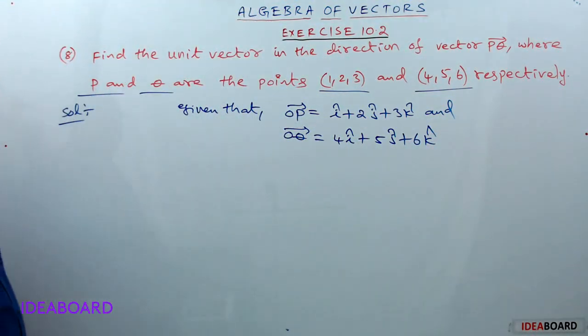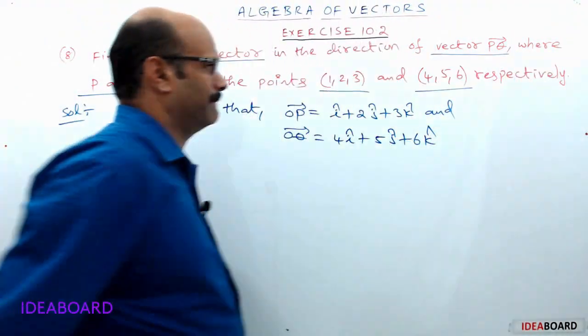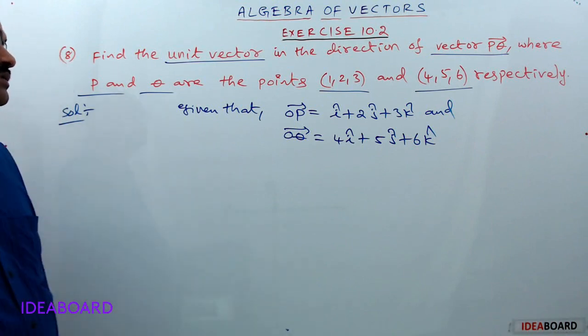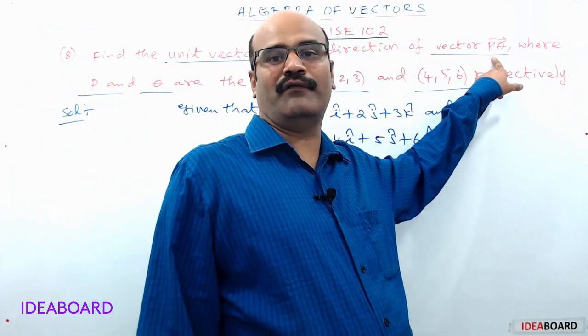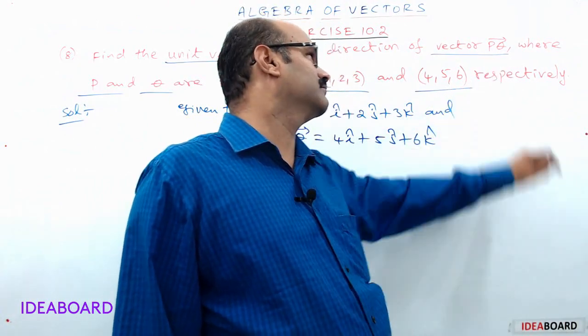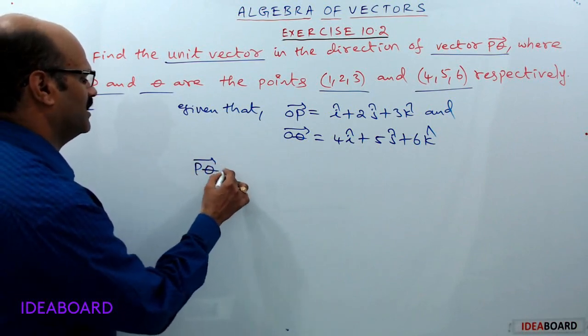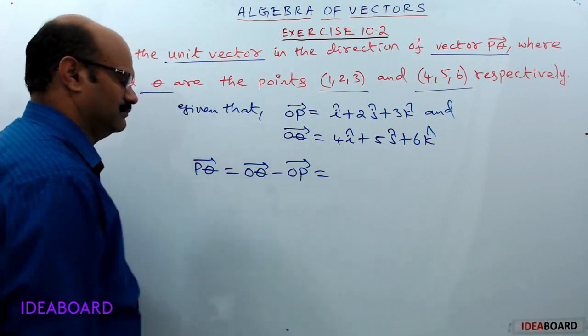Now we have to find the unit vector in the direction of the vector PQ. First we have to find the vector PQ. How to find the PQ vector? To find PQ vector, we take the formula OQ vector minus OP vector.